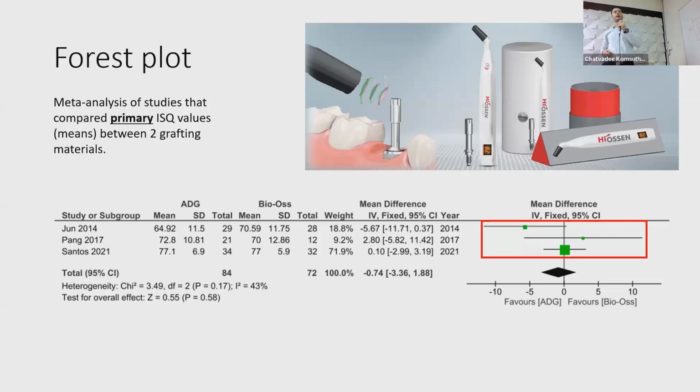So if I look at the first line here, I can see it's from around -11 up to 0. Why? Because here the 95% confidence interval is -11.71 up to 0.37. That is why I have this line. It represents this range. Okay?